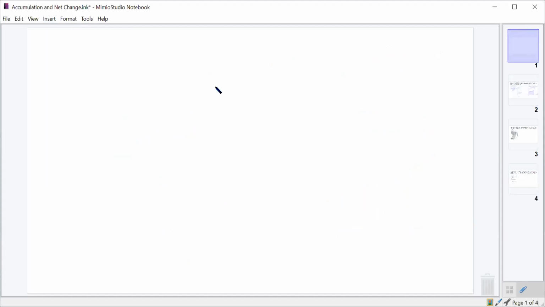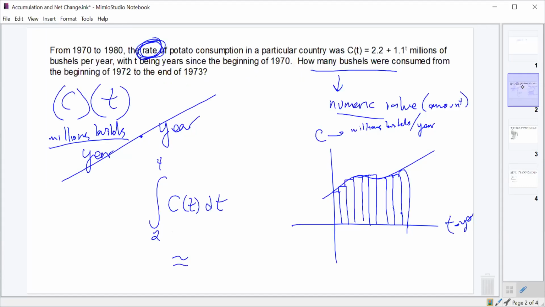You're going to hit math, and then you're going to hit option 9, which says FNINT with a parenthesis, perhaps, or it may just look like an integral sign. If it just looks like an integral sign, then just put in your 2, put in your 4, put in your function, put in your dx.